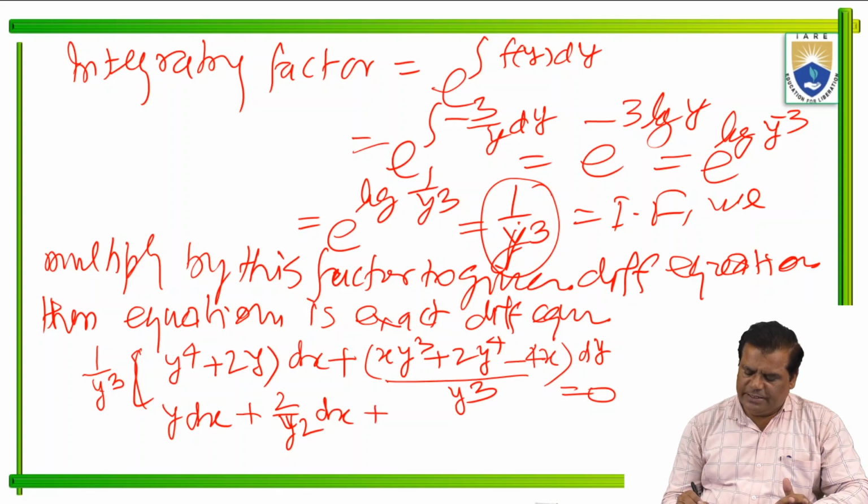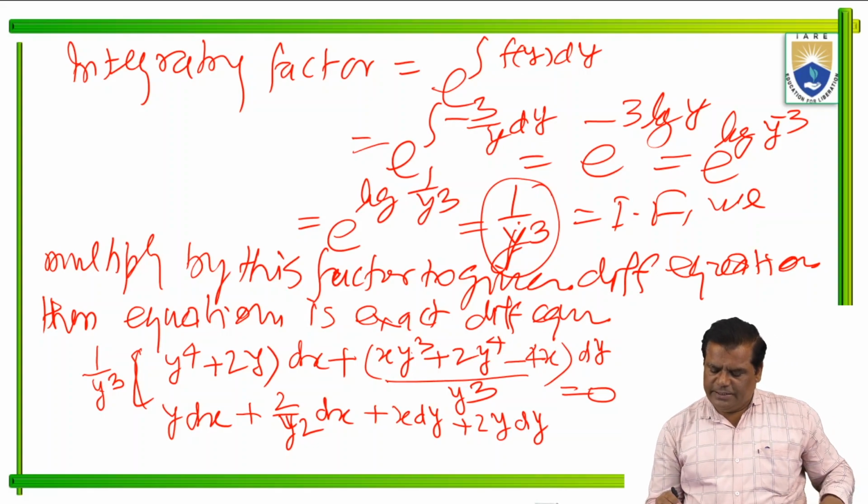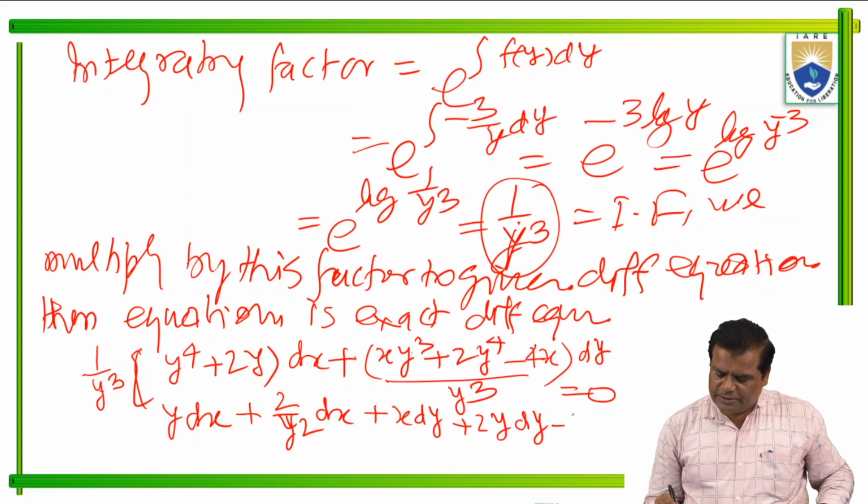Plus here multiply by x dy by y cube, cancel. Plus multiply by 2y dy. And plus multiply by minus 4x upon y cube dy equal to 0.